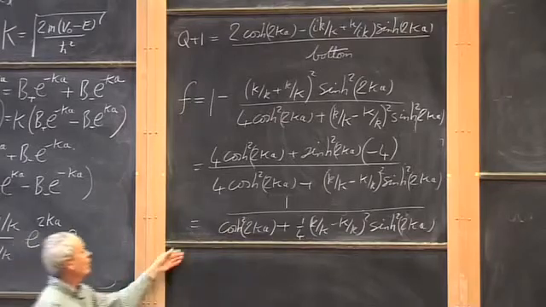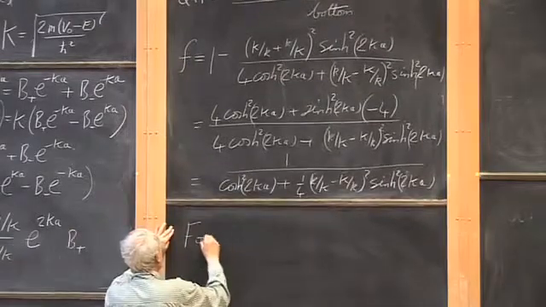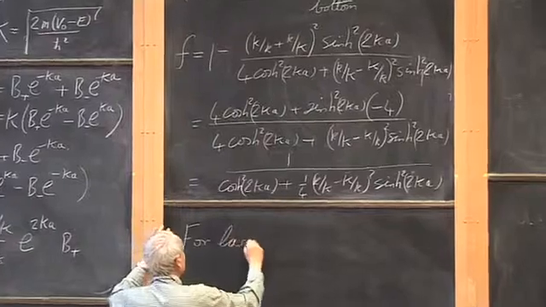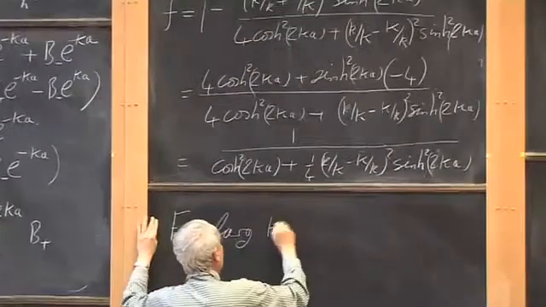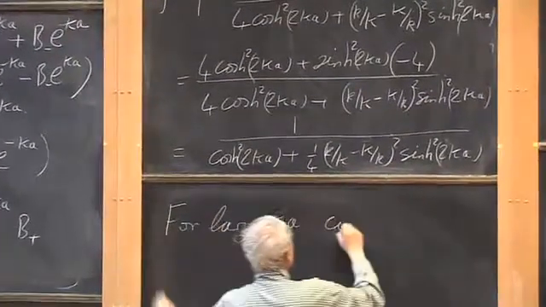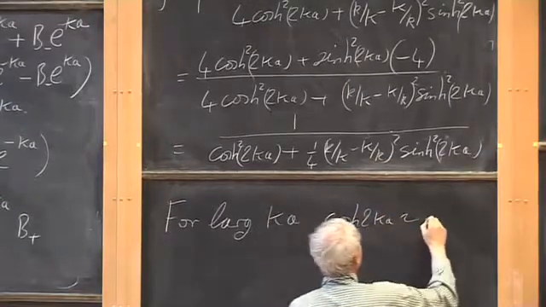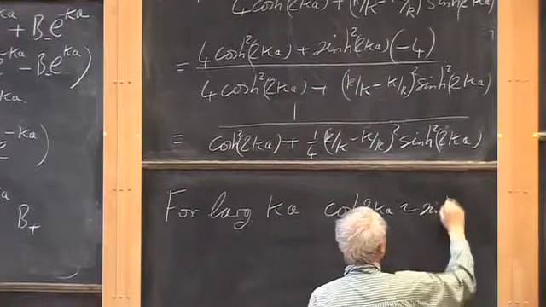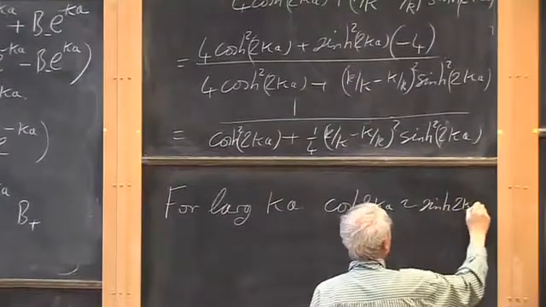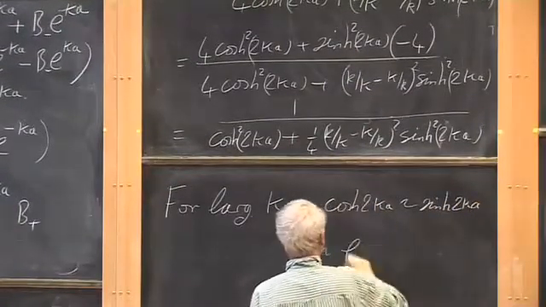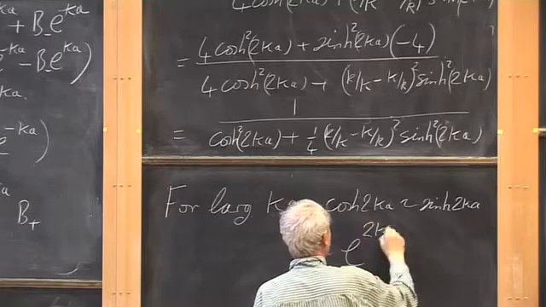And so what we can say is that for large Ka, cosh 2Ka behaves pretty much like sinh 2Ka, which behaves like e to the 2Ka.